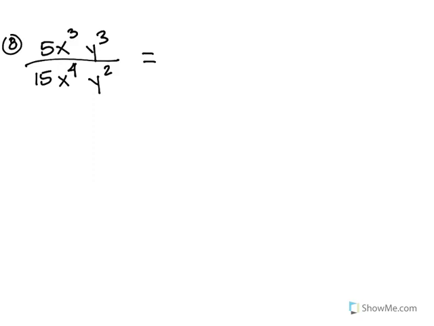So this is just straight. I'm going to reduce 5/15, and then with your x's and your y's, you're going to subtract, because that's division. When you have the same base in division, you subtract your exponents, okay? So let's go ahead with 5/15. That reduces to what? 1/3.